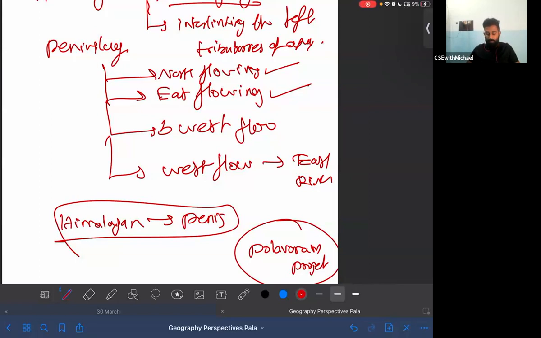Next point, a study conducted by IIT Delhi has questioned the future sustainability of the project. According to this study, global warming would lead to changes in the availability of water in several river basins.